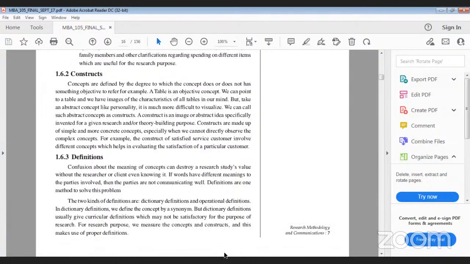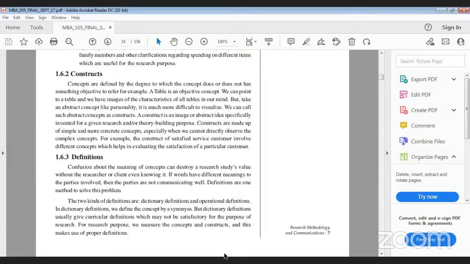The two kinds of definitions are direct definitions and operational definitions, which are indirect. We define a concept by synonyms, but direct definitions use circular definitions which may not be satisfactory for the purpose of research.